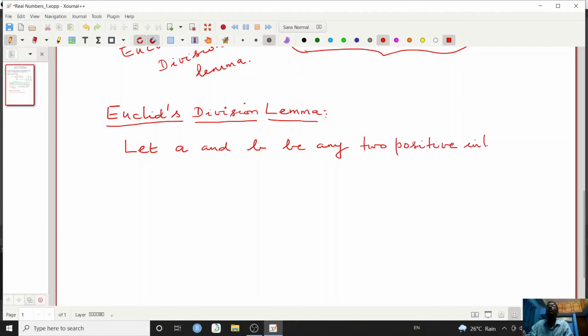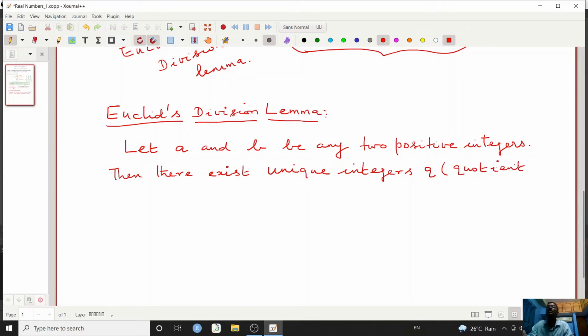Then there exist unique integers Q and R, let us call Q the quotient and R the remainder, two integers satisfying this condition.